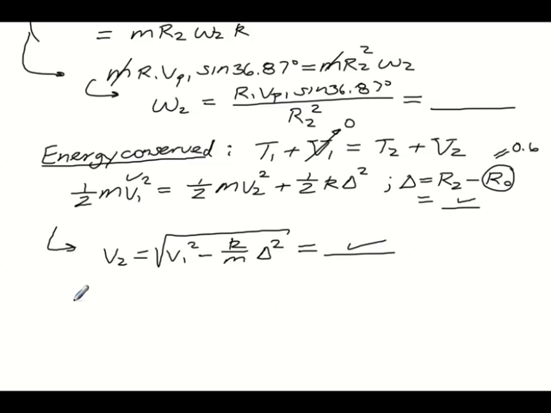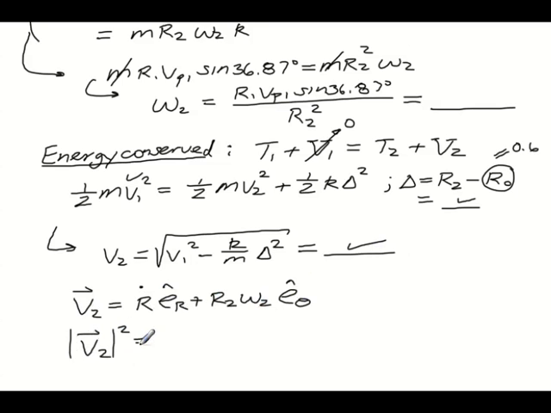So the good thing about this is that the velocity as a vector is R dot ER plus R2 omega 2 E theta. And if we take the magnitude squared of both sides, at this point we see that we know this. We just found that. That's the speed. We know R2, that's given.